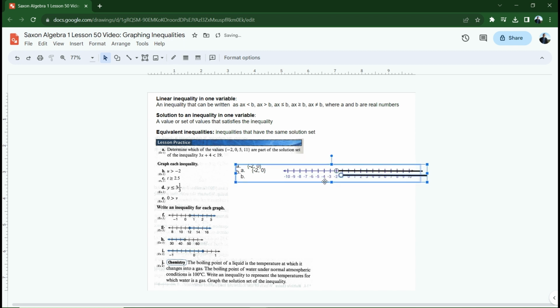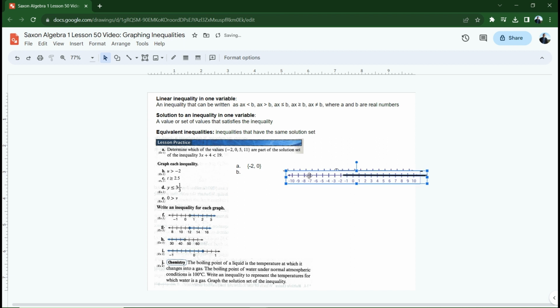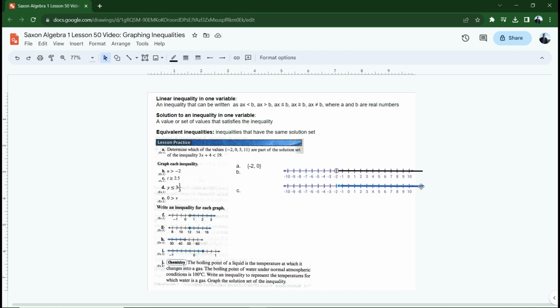Okay, let's see if I can get this image here grabbed. There we go. All right, excellent. So letter C is going to be the same sort of thing. For letter C, t is greater than or equal to 2.5. Well, it's going to be the same setup, except now I have to go up to 2.5, which is going to be there.